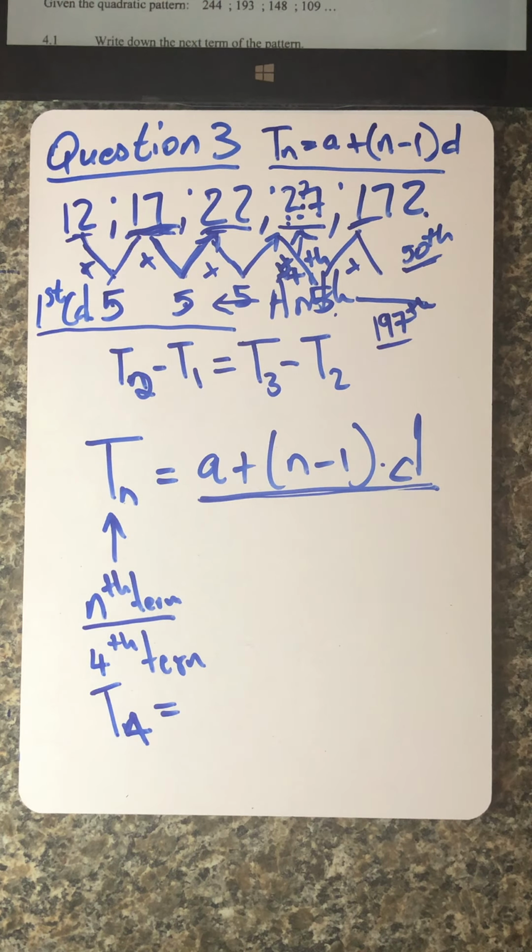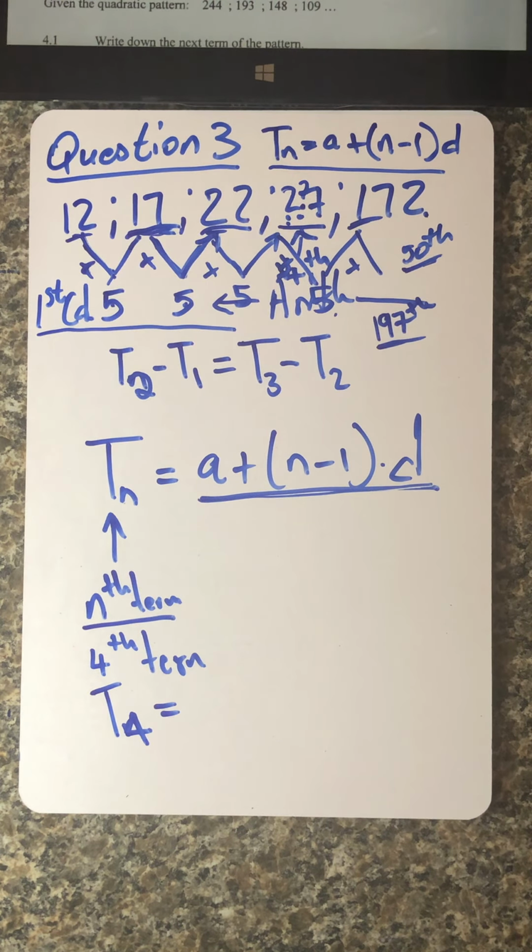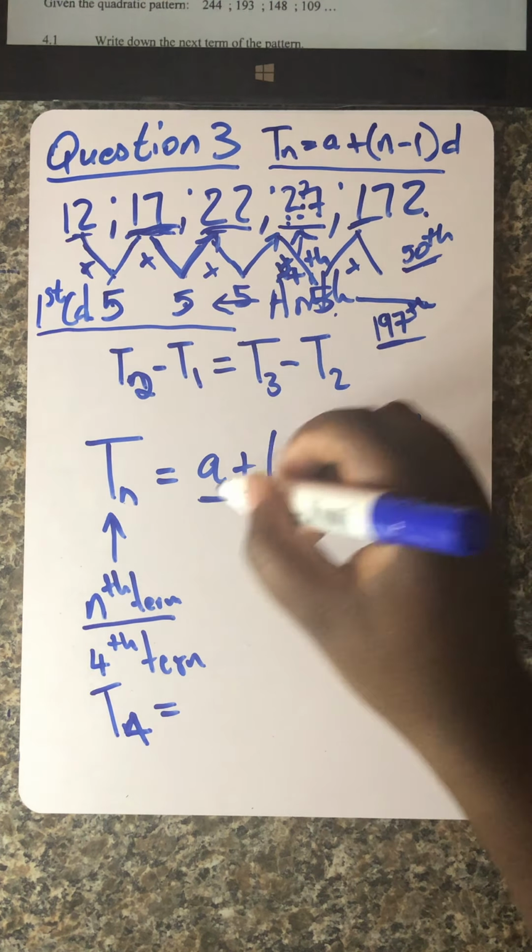If this question paper, the whole of this question paper, is 1.5 hours, then it might take you up to 15 to 30 minutes to keep on adding 5 until you know the number for the 197th term. So instead of adding 5, we use this formula.